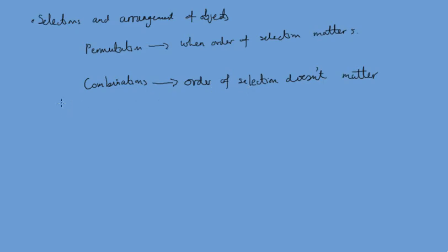So a combination is a way of just selecting in any order. So if you've got the letters A, B and C, then if you were to select two of these letters, you can select them in any order.